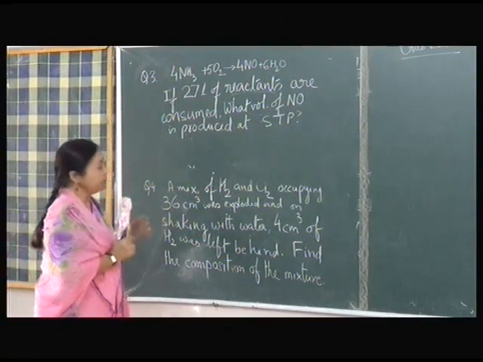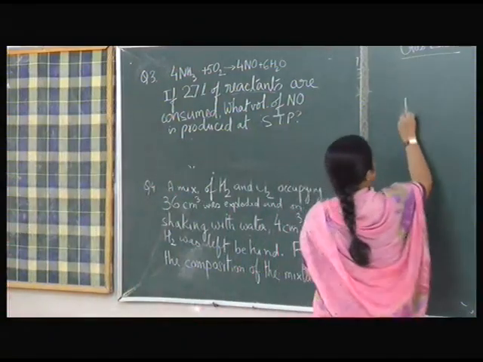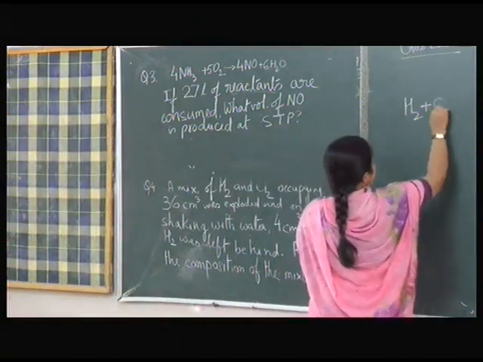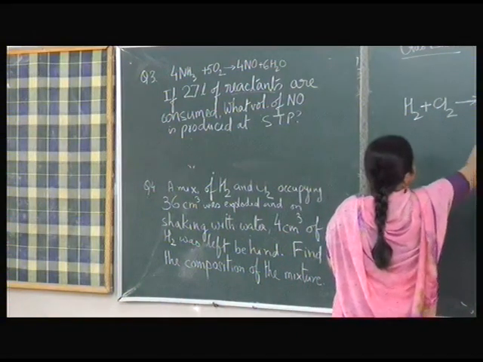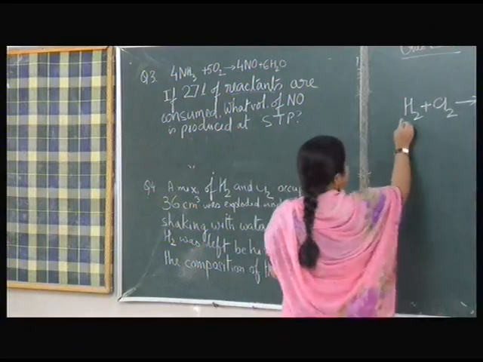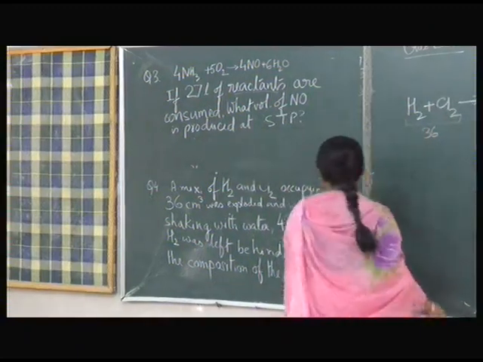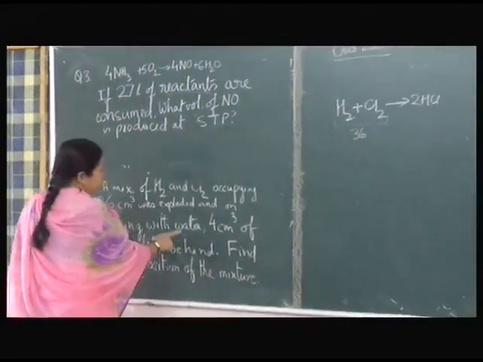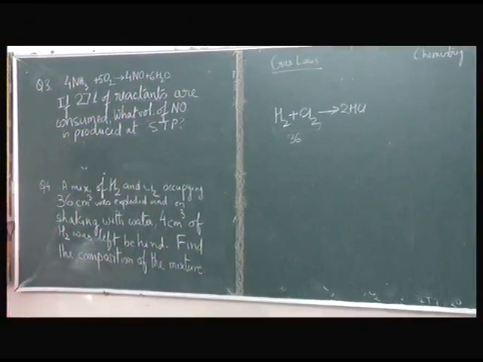Now after exploding, what is the reaction taking place over here? Hydrogen and chlorine: H2 plus Cl2 forming 2HCl. This total mixture was 36. It said that on shaking with water, 4 cm cube of hydrogen was left.